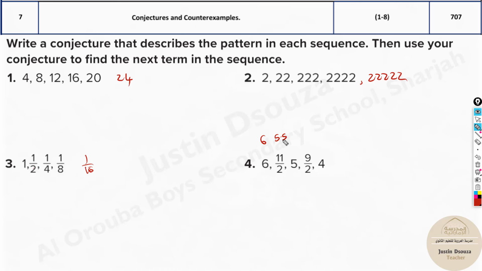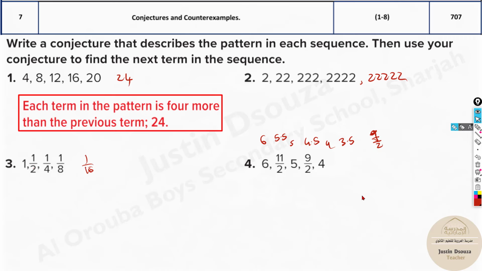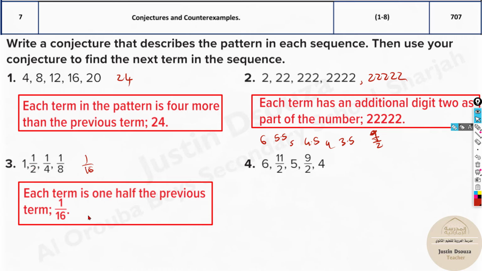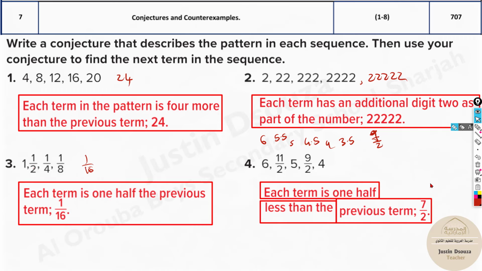Next is 5, then 4.5, 4. Next one will be 3.5, or you can write it as 7 by 2. So 22222, 1 by 16, and over here it's 7 by 2.